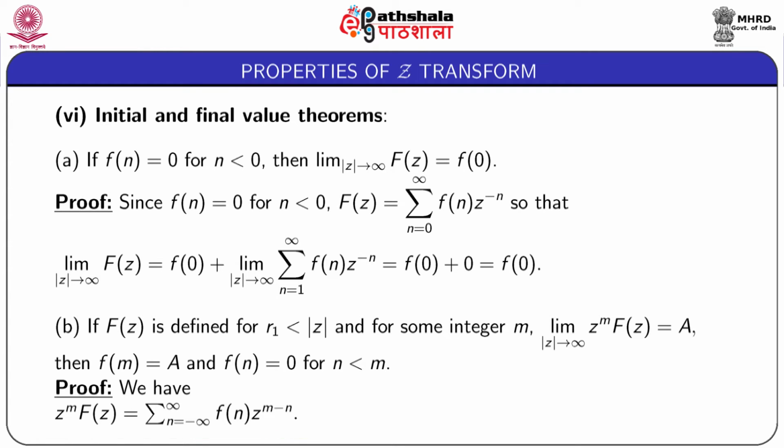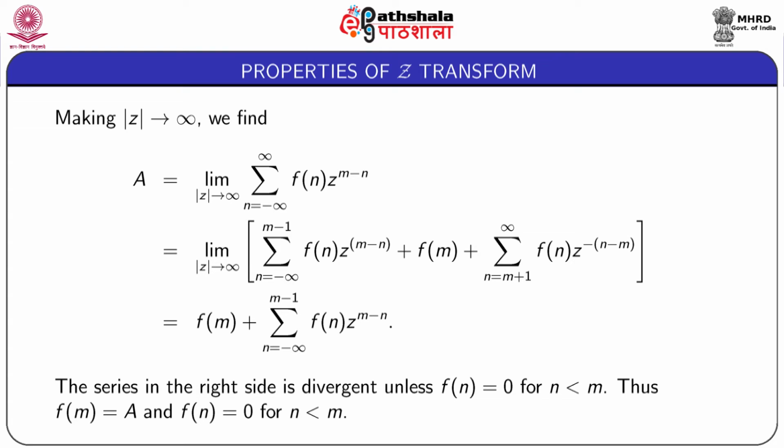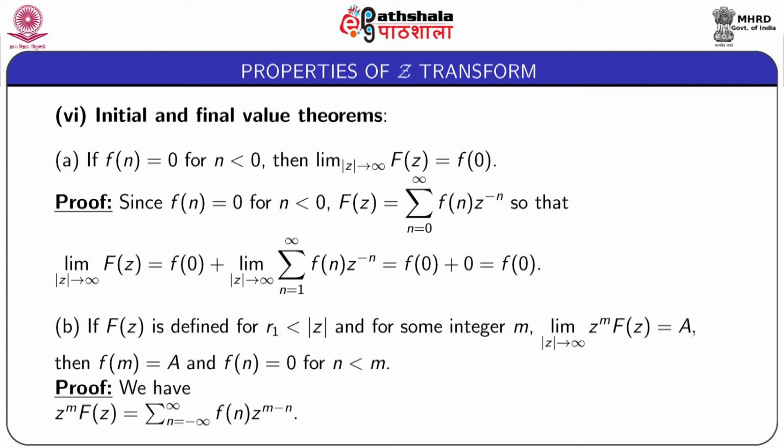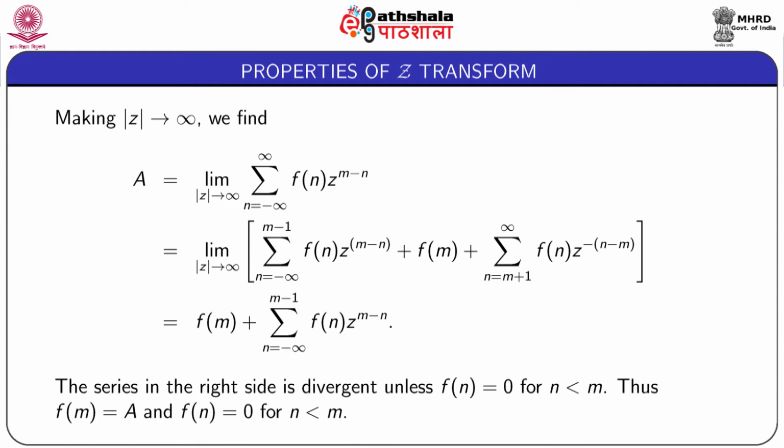This is written according to the definition of Z transform. Now, we make mod z tend to infinity. Left hand side as mod z tends to infinity becomes equal to A because of this condition, and so A equal to limit mod z tends to infinity summation n equal to minus infinity to plus infinity f(n) z to the power m minus n.